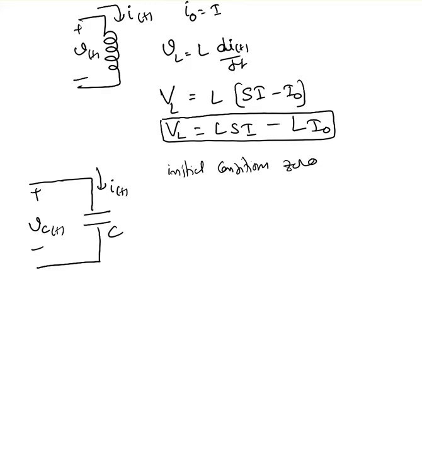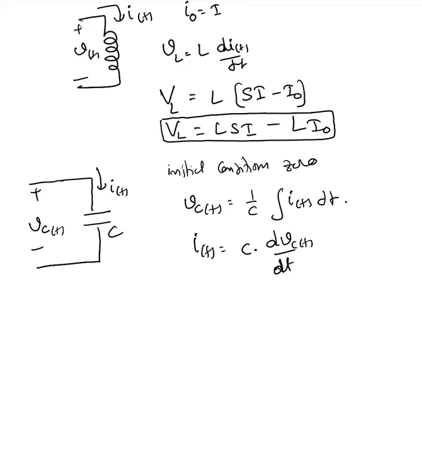What is the voltage across the capacitor? Vc of t equal to, in time domain, 1 over C integral of i dt. Or if I want IC, I of t equal to C times dVc of t by dt.